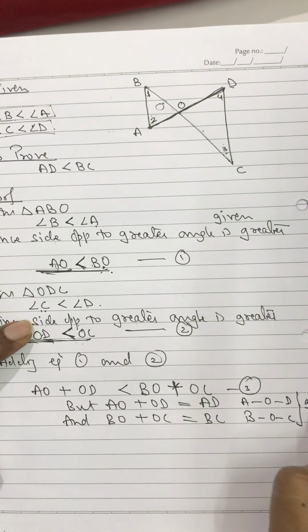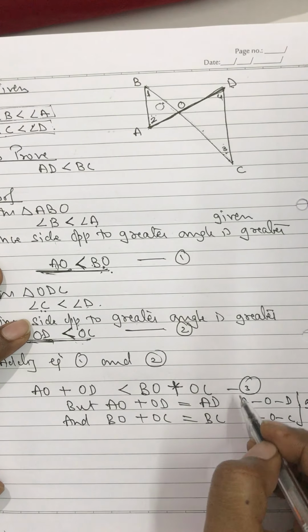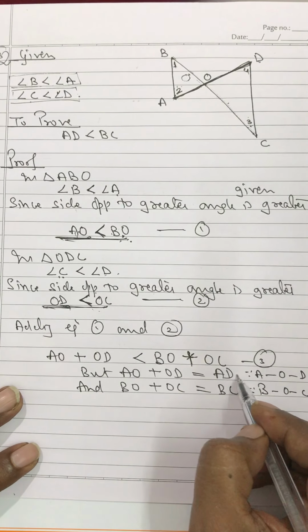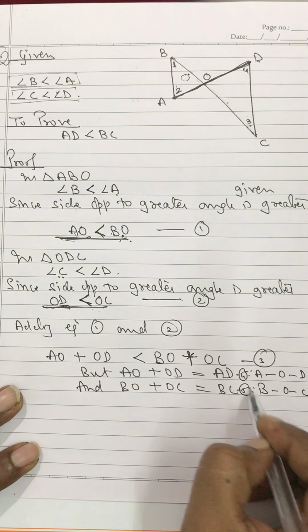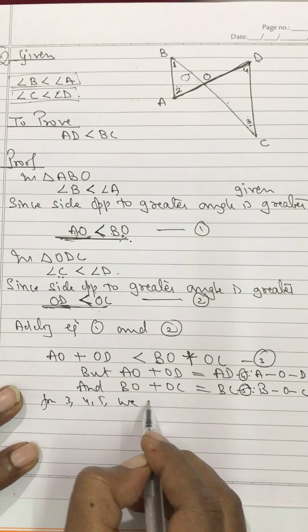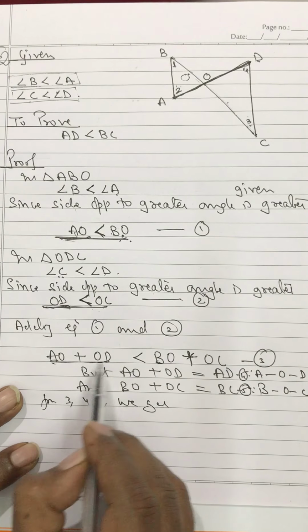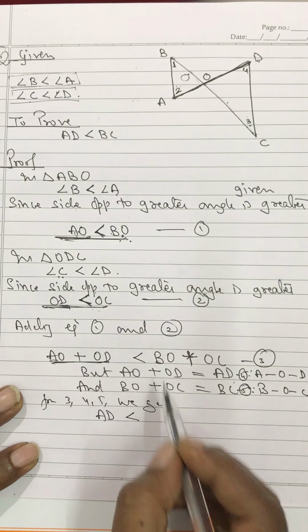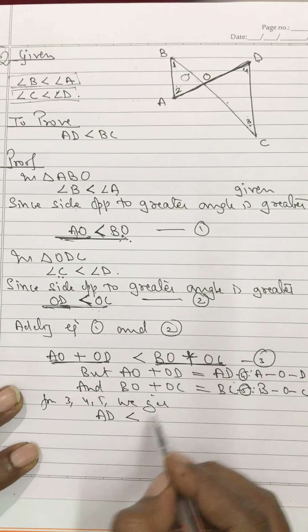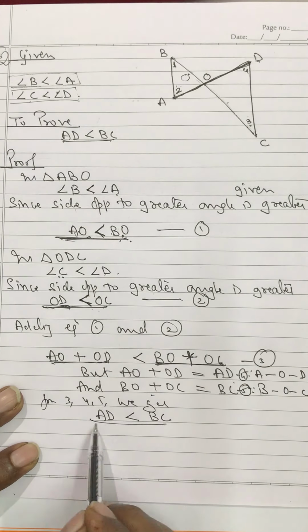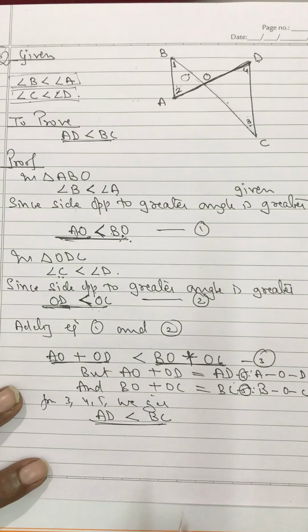These are given. Therefore, from 3, 4, 5, we get, in place of AO plus OD, I will write AD is less than, in place of BO plus OC, I will write BC. And that is what we want.